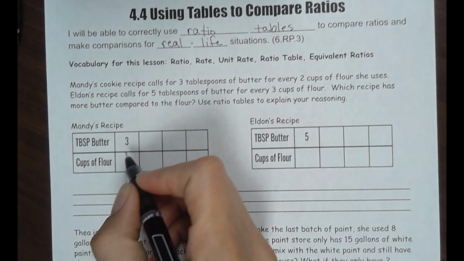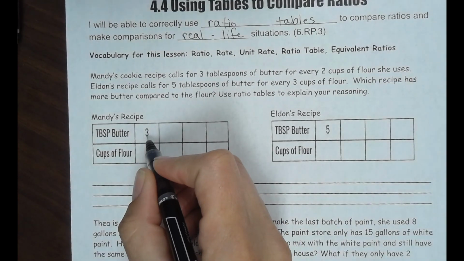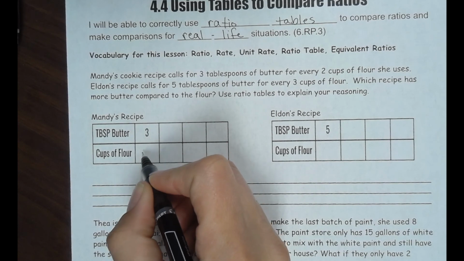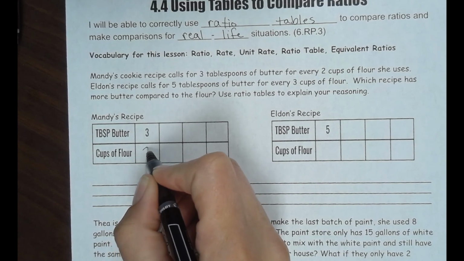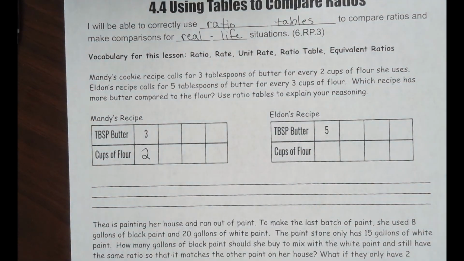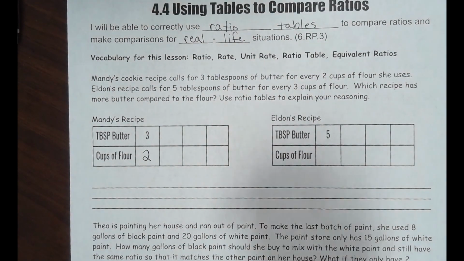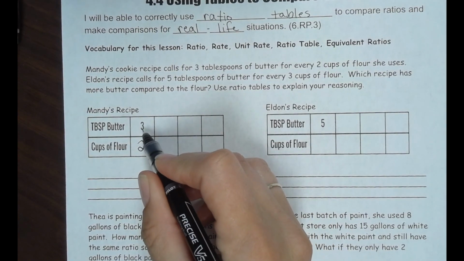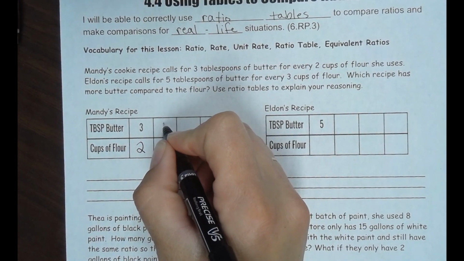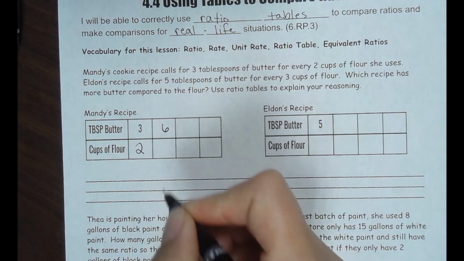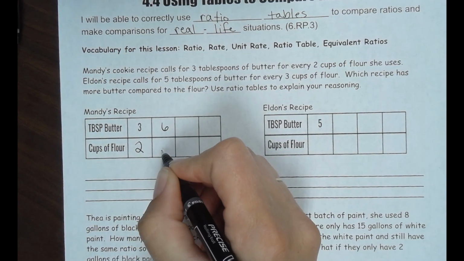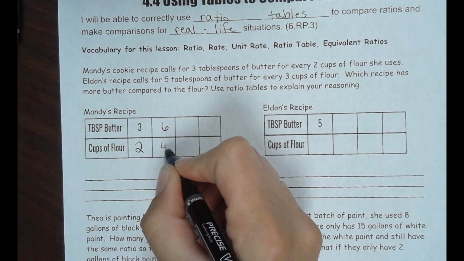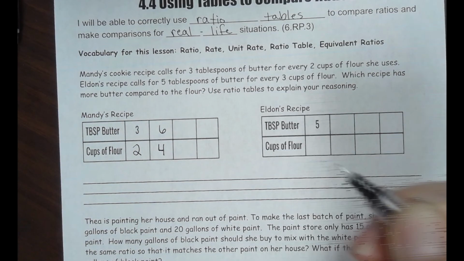Alright, so we know that Mandy's recipe takes 3 tablespoons for 2 cups of flour. So what we're going to do is fill this out using equivalent ratios. If we were to double that, 3 times 2 would be 6 tablespoons of butter. If I times this by 2, she would use 4 cups of flour.